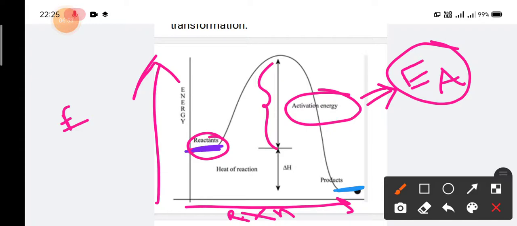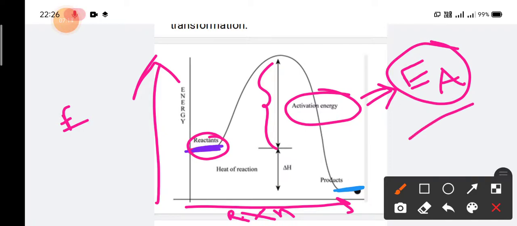By getting the activation energy, they get excited, and after that the reactants react together and produce the product. So this is the way of a reaction: to do a reaction, the reactants need activation energy.